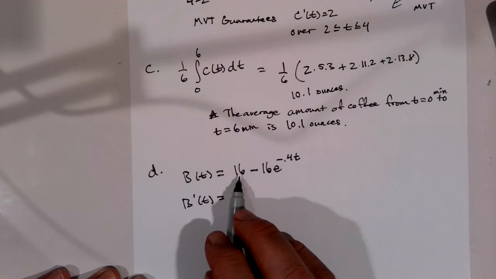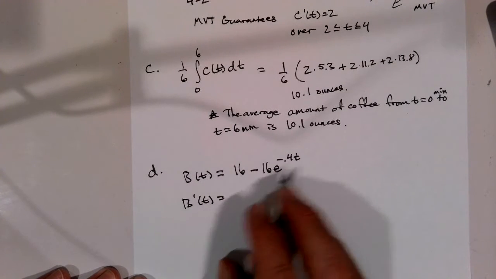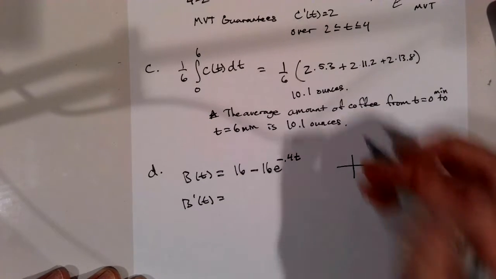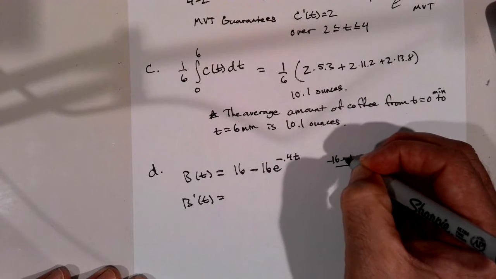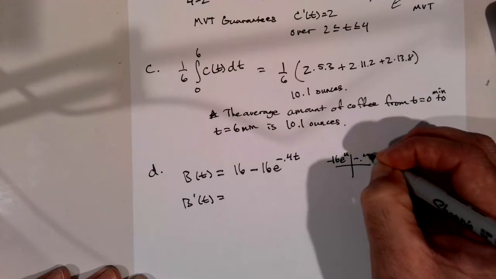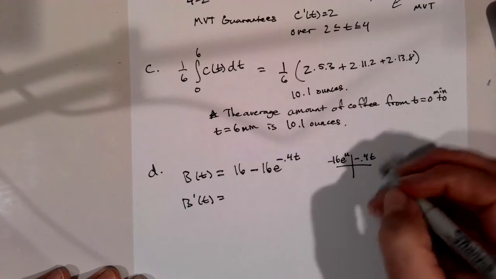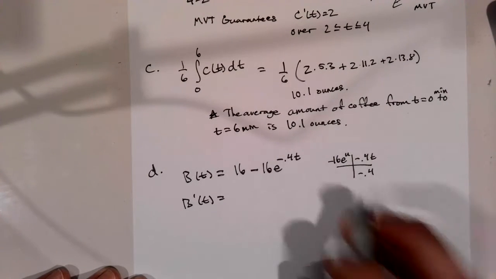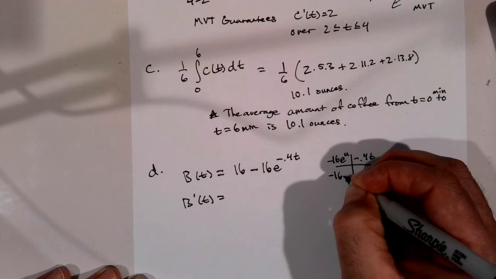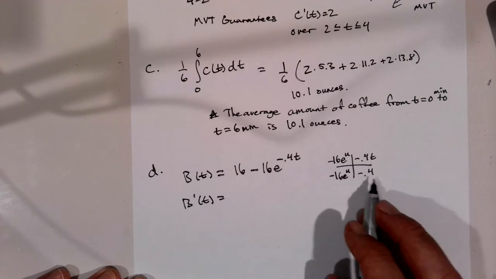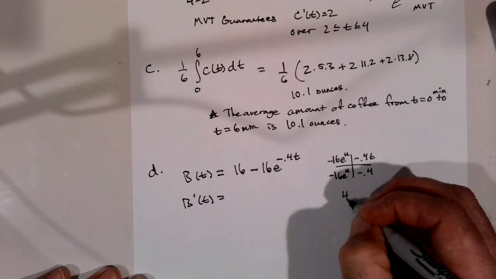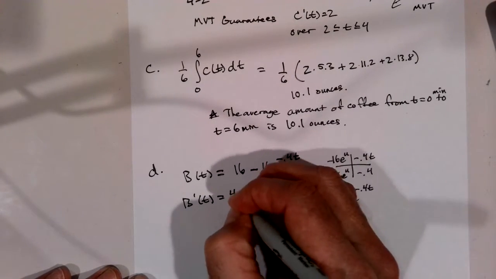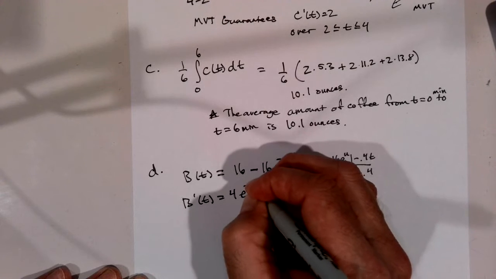Well, the derivative of 16 is 0. And then for this, I'm going to use the chain rule. So I have negative 16e to the u, and I have negative 0.4t. The derivative of negative 0.4t is negative 0.4. I go ahead and take that derivative, negative 16e to the u. So multiply those, I get a positive 4e to the negative 0.4t.